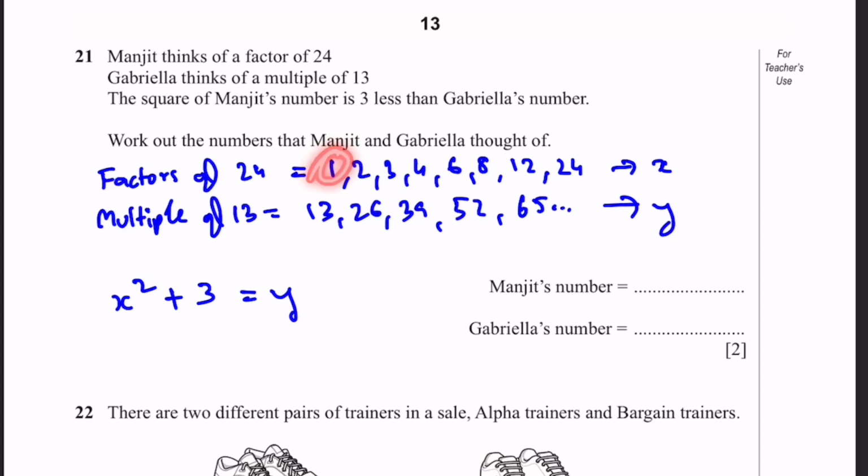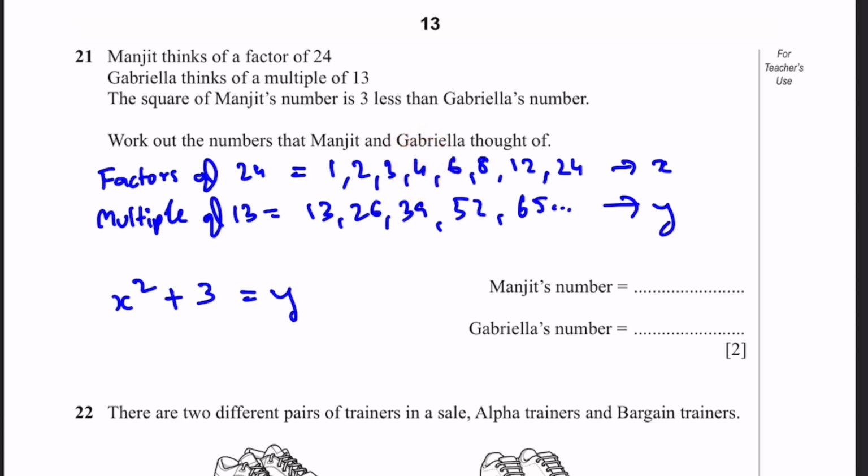So now let's take each one. 1 squared is 1, 1 plus 3 is 4, but there's no 4 over here. 2 squared is 4, and 4 plus 3 is 7, but there are no 7s here. And then 3 squared is 9, 9 plus 3, 12, there are no 12s here. Remember, there's 13, not 12.